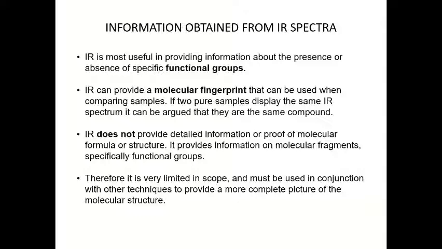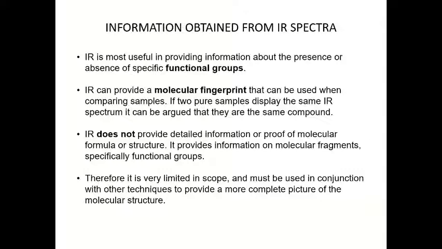Then, what is the information that we can obtain from the IR spectrum, right? IR is most useful in providing information about the presence or absence of specific functional groups. Hence, IR can provide a molecular fingerprint that can be used when comparing samples. If two pure samples display the same IR spectrum, it can be agreed that they are the same compound.